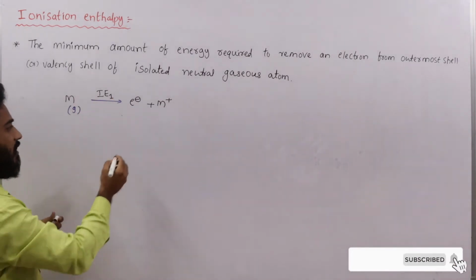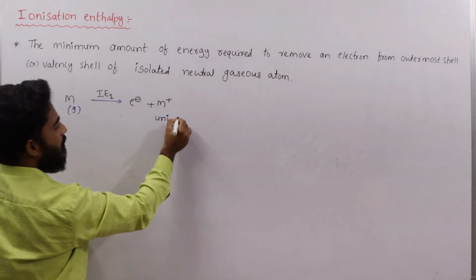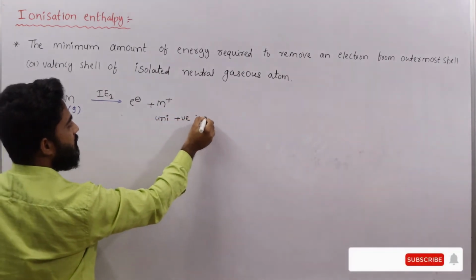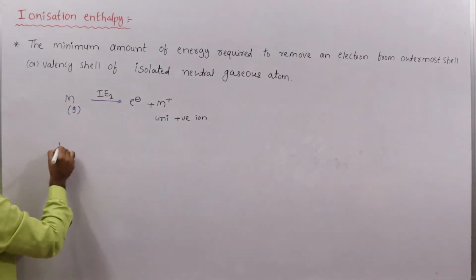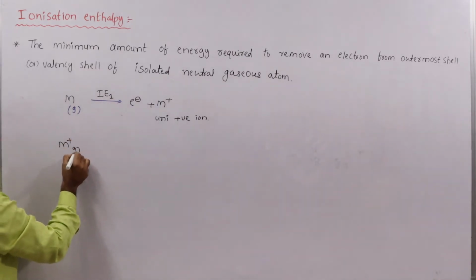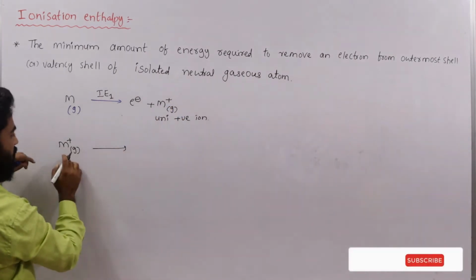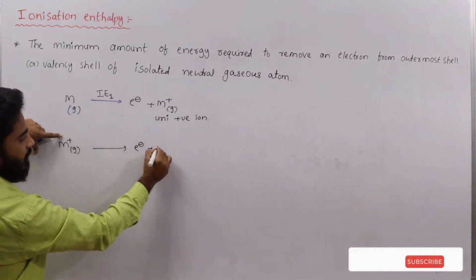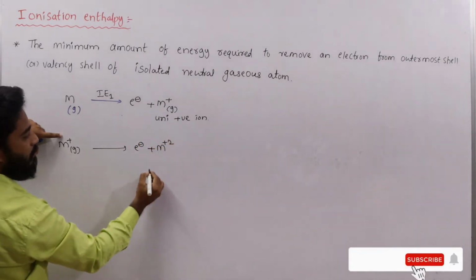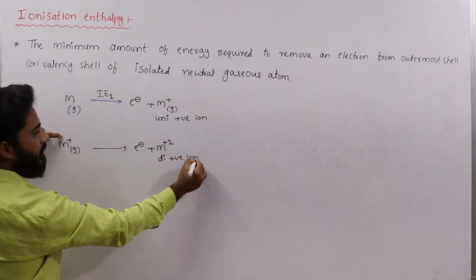M plus is called a unipositive ion. Let us take that unipositive ion in the gaseous state. If you remove one electron from this unipositive ion, it changes to M plus 2, a dipositive ion.